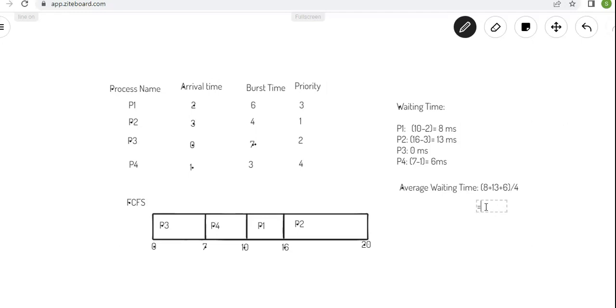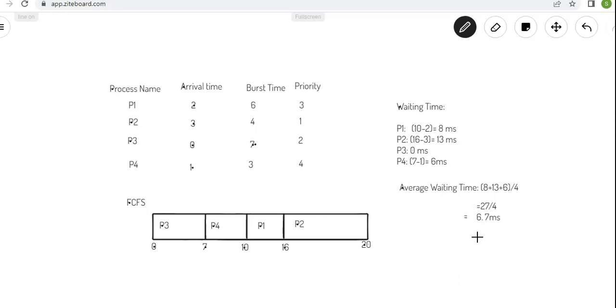So it is about 27 total milliseconds, and 27 divided by 4 is the average waiting time for this particular set of processes. For all these processes, the average waiting time will be 6.7 milliseconds.